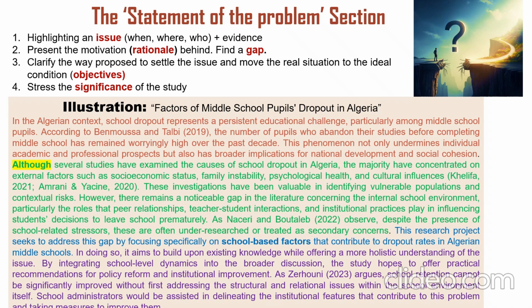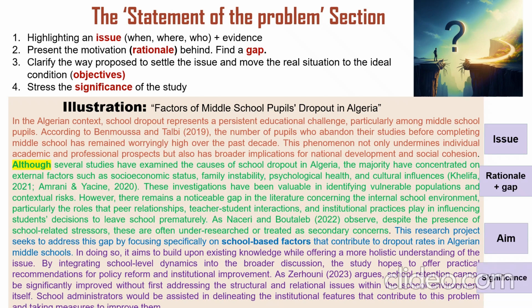Here you see that this discussion shows a problem, then shows the gap, shows the goals, the objectives, and then highlights the significance so that the ideal situation is achieved again. Once you complete that, you have in fact written the first part of your statement of the problem.